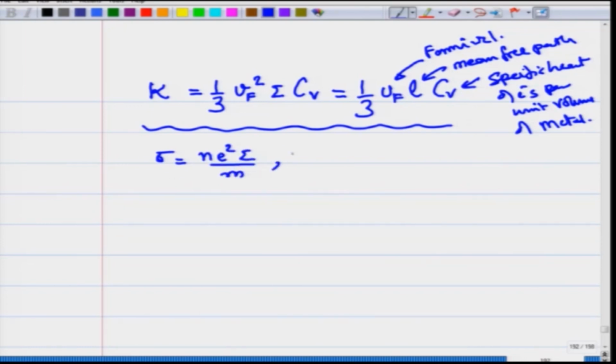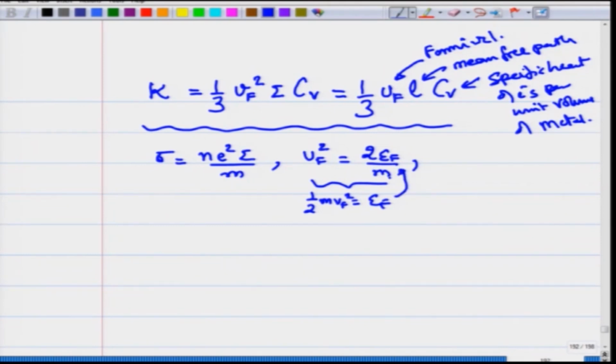You can use the Fermi velocity square as twice Ef divided by m, and this comes out from half m vf square being equal to Ef, the Fermi energy. Therefore, vf square is twice Ef by m.